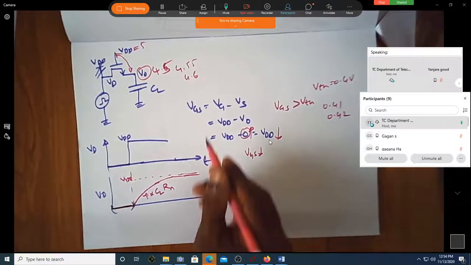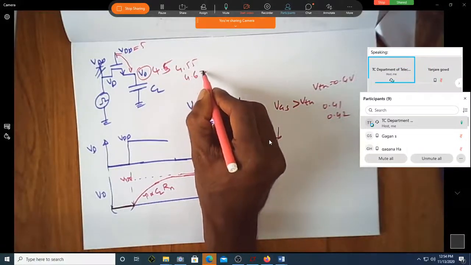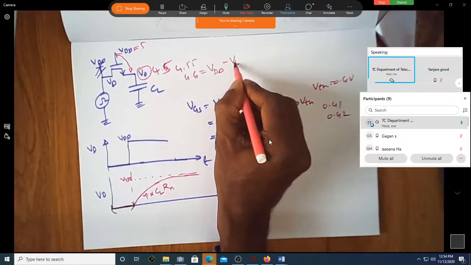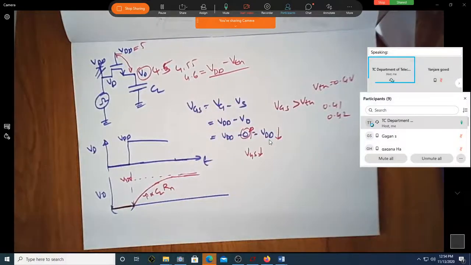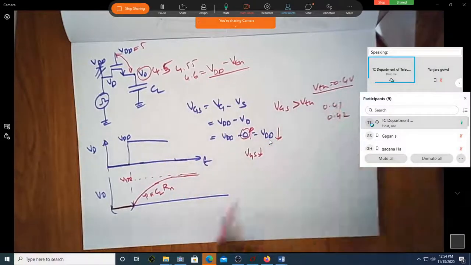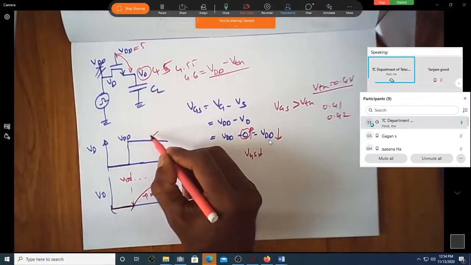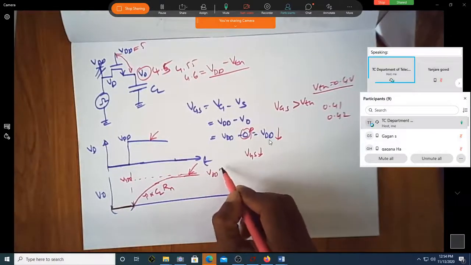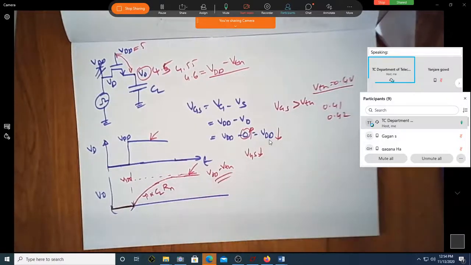So, is this 4.6 nothing but VDD minus VTH? Why are we looking at 4.6? Because we assume that VTH is 0.4. Even though my input applied voltage is VDD, the output is VDD minus VTH. Am I correct?